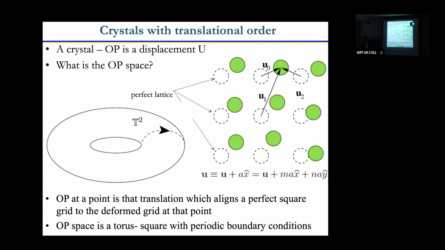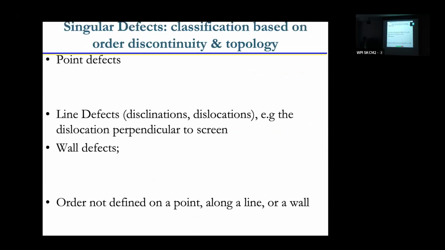So this torus is a two-dimensional surface, T2, as it would be denoted. And so now the order parameter space would be characterized by such a two-dimensional surface of a torus.